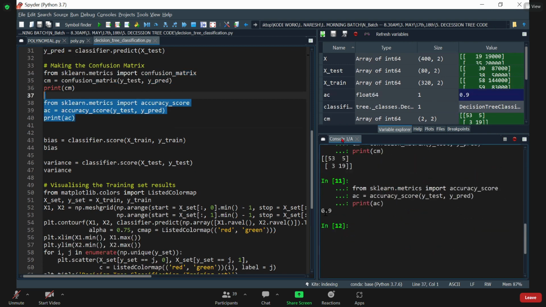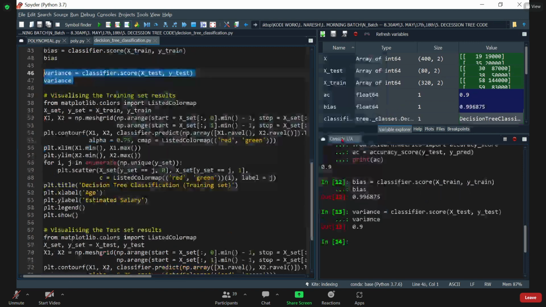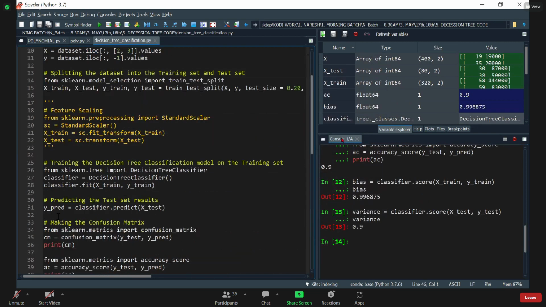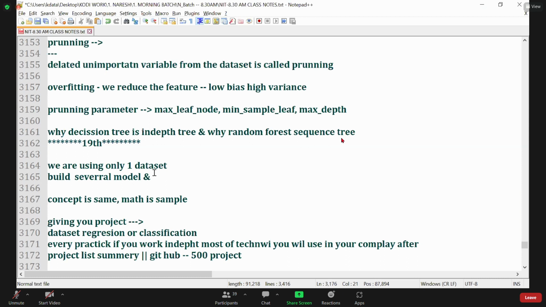How much did we get, guys? 90. Now let's check bias, 99, and variance. Why did we get changes? So let's remove the scaling now. I found that with scaling I got 90 percent and bias 99.